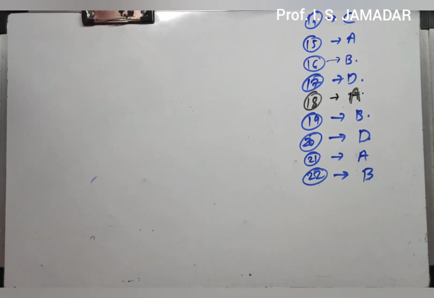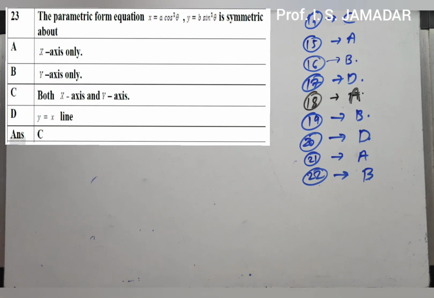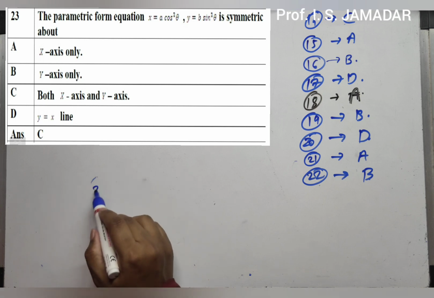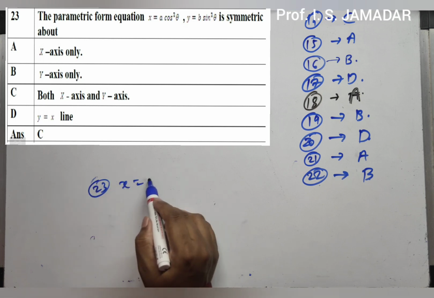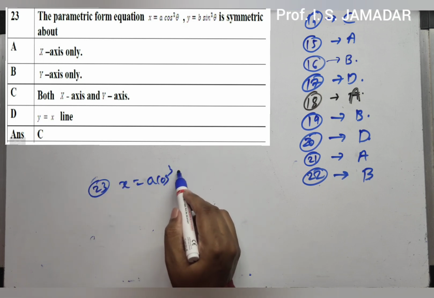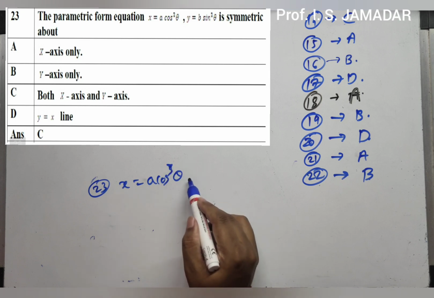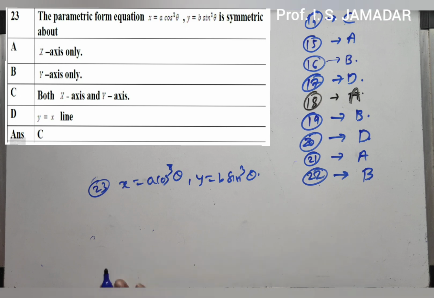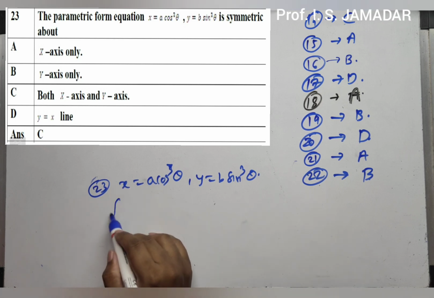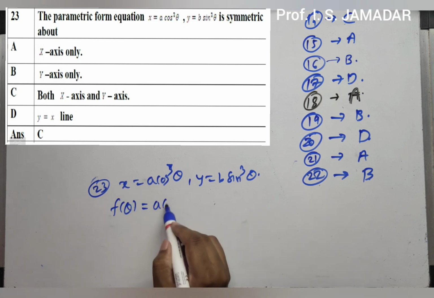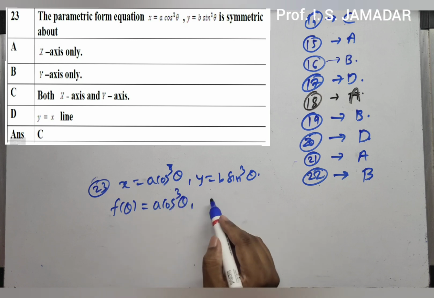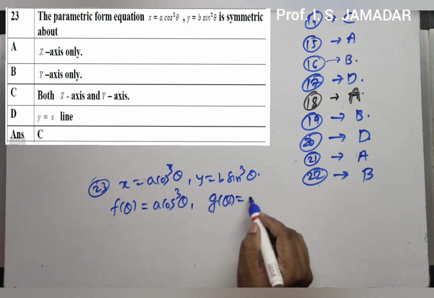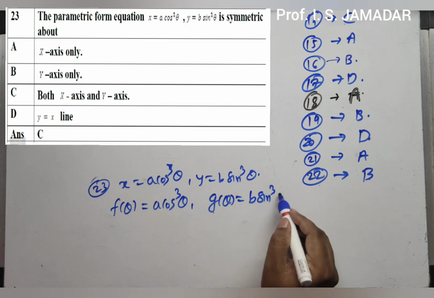For question number 23, again we have a particular example. X is equal to a cos cube of theta and y is equal to b sin cube of theta. Here the parameter is theta. So f of theta is a cos cube of theta, and g of theta is b sin cube of theta.